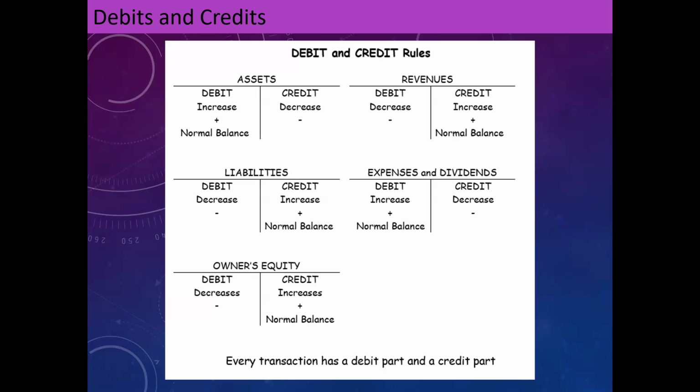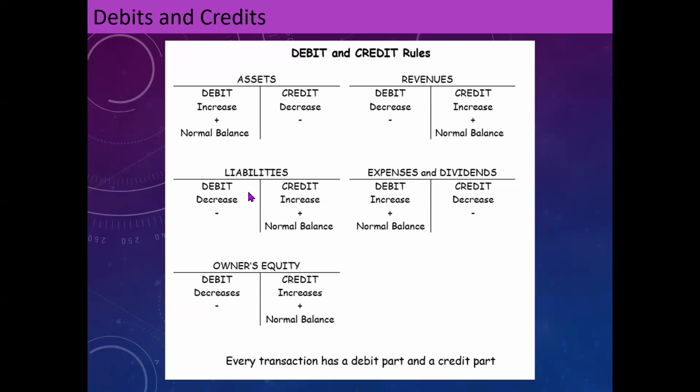So what I have up on the screen here are all of the account types. We have assets, liabilities, and owners' or stockholders' equity. And then we have revenues, expenses, and dividends. You'll see that assets are increased with a debit, an entry on the left side, and decreased with a credit, an entry on the right side.